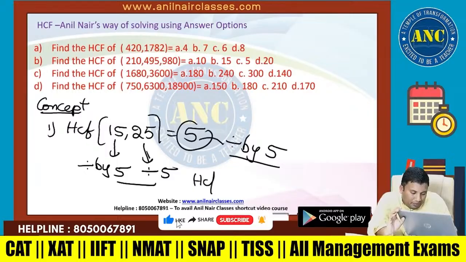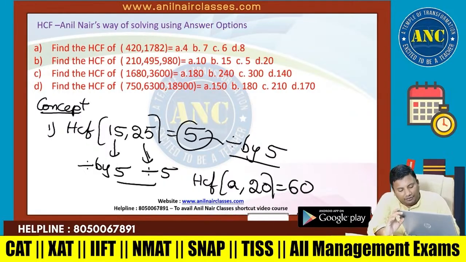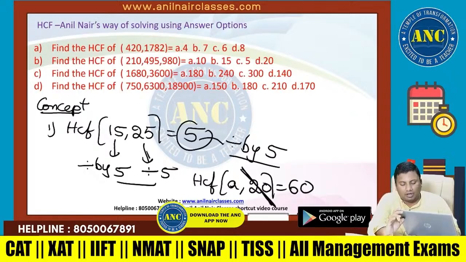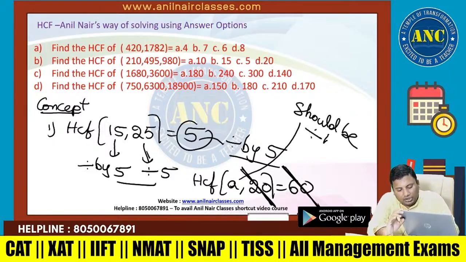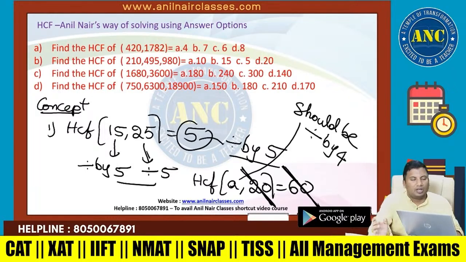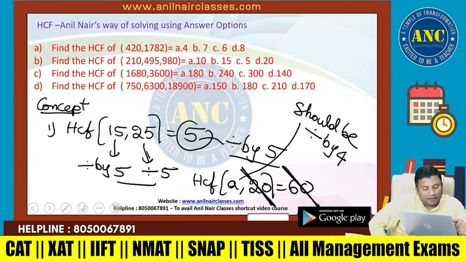Another way: H.C.F. of a comma 20 is equal to 60. If this is divisible by 4 and this is divisible by 4, then a should be divisible by 4. Please write down this point. H.C.F. of 15 comma 25 is 5.